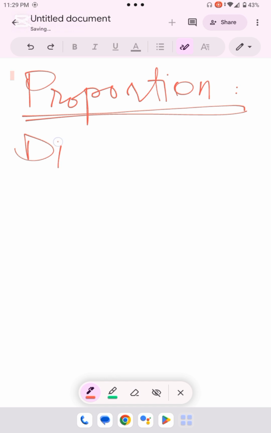One of them is direct proportion, and the other one is inverse proportion. Directly proportional says if you raise the first quantity, the other quantity will also be raised, and if you decrease the first quantity, the other quantity would also be decreased, but with the same rate. That was the relation between the first two ratios.